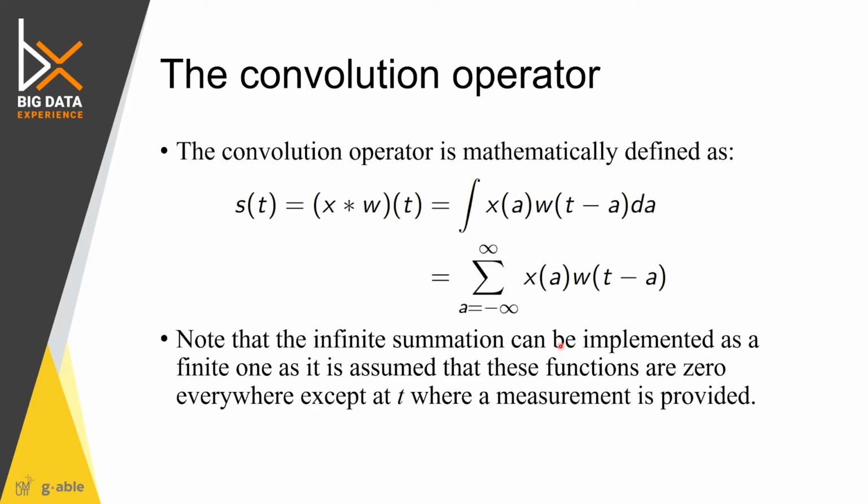Okay, so let's first look at the convolution operator. What is convolution? In one dimension, convolution is an operation where you compute the output based on the input and the impulse response, right?